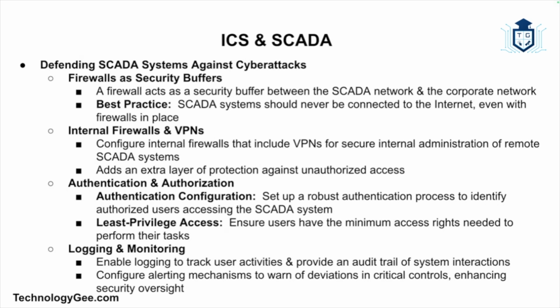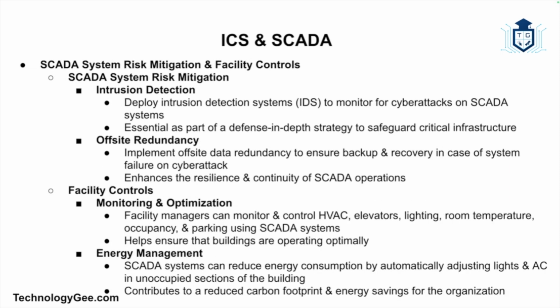To address authentication and authorization security concerns, you need to configure the authentication process in the software to identify authorized users for access to the SCADA system, enable logging to track users' activity, and alerting to warn of deviations to critical controls, and ensure least privilege access. Now, depending on the perceived risk of cyber attack on the SCADA system, you should deploy intrusion detection and off-site redundancy as part of a defense-in-depth strategy.